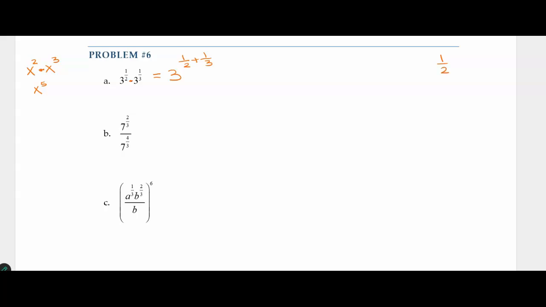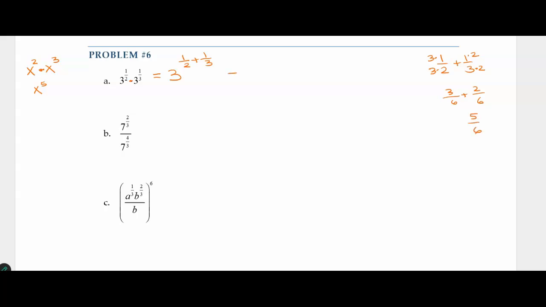Well, if your calculator will add those up for you, that's fine. If it doesn't, then remember you've got to get a common denominator, which is going to be 6. So I need to multiply this by 3 to get 6. So multiply the top by 3. Here, multiply the bottom by 2, and the top by 2. So that gives me 3/6 plus 2/6, which gives me 5/6.